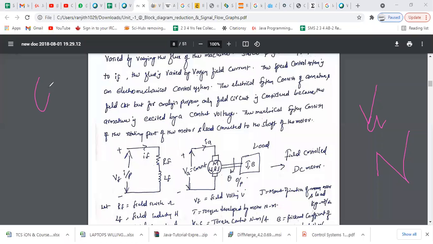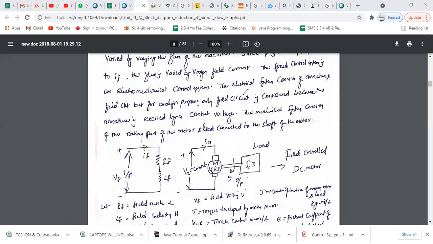Here, by varying the flux, we vary the speed. But this flux depends upon the field current, and this field current depends upon the field voltage. There, it depends on the armature current, and armature current depends upon the armature voltage. In the field circuit, the armature part is constant, right?